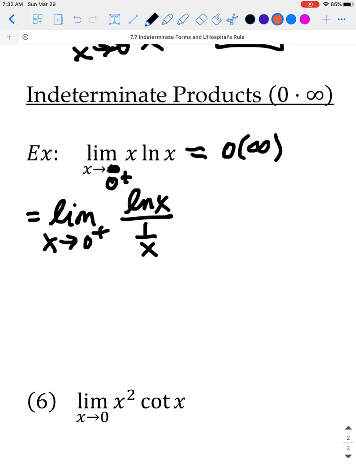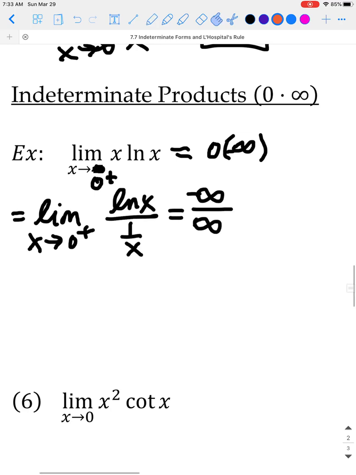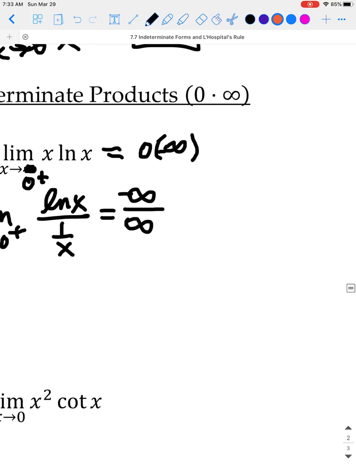So x times natural log of x is the same as natural log of x times 1 over x. I'm not applying L'Hopital yet, but I am trying to get it into an indeterminate form. So if I do direct substitution now, I'm going to get negative infinity over 1 over 0 from the right, which will be positive infinity.